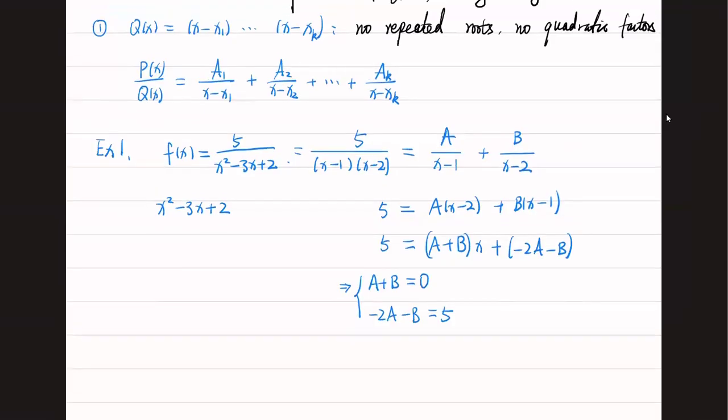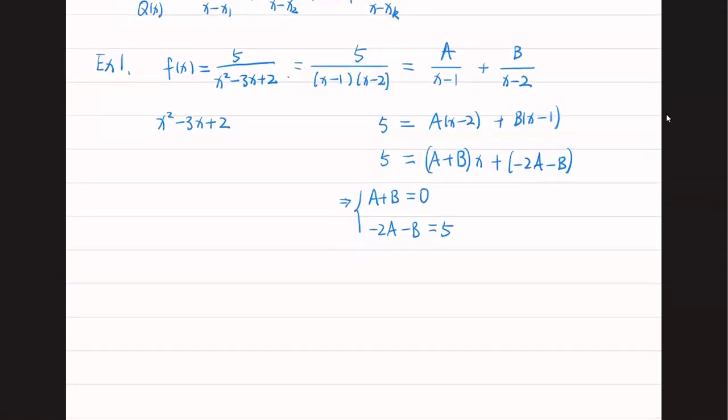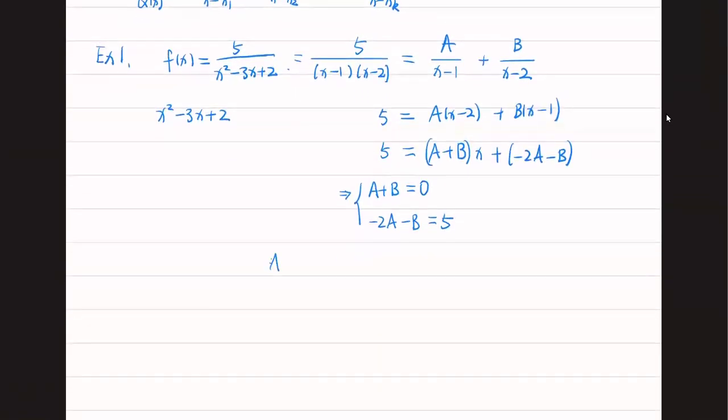If we add the two equations, we get a plus 0, negative a is 5. Oh, I'm sorry, add, not subtract. Got distracted. Negative a is 5.